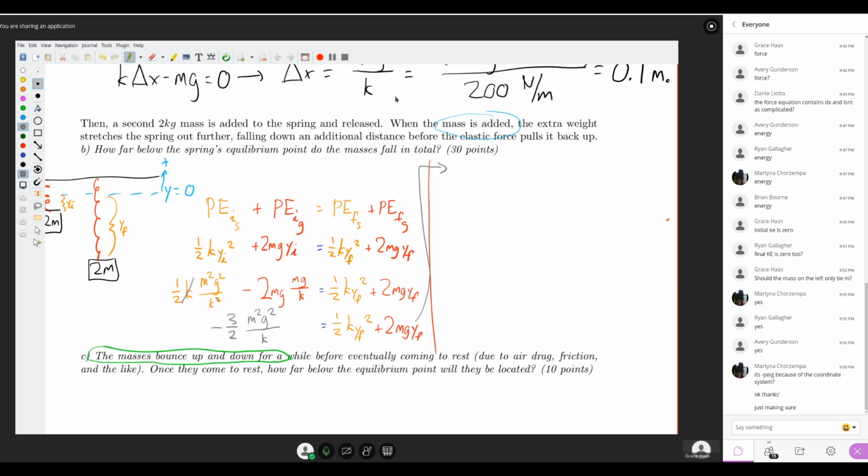You might be tempted to say, okay, let me treat this as a quadratic in y final. But one of the things that you can do with the quadratic formula is you can have combinations of variables as the thing you are solving for. So I'm going to multiply by 2k.